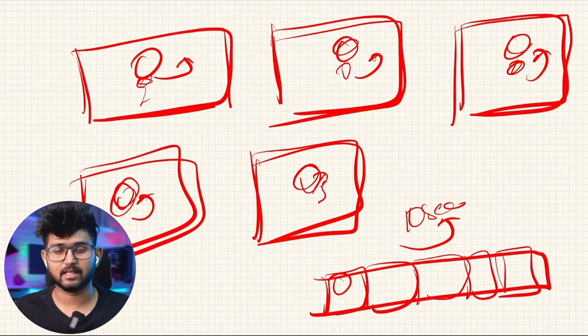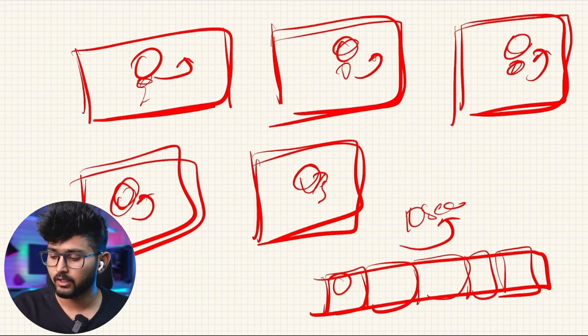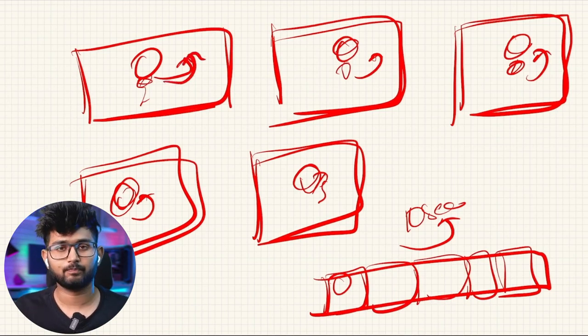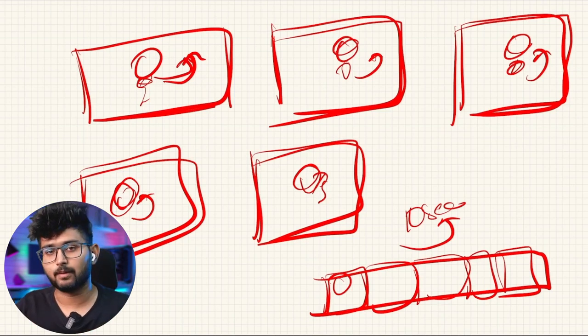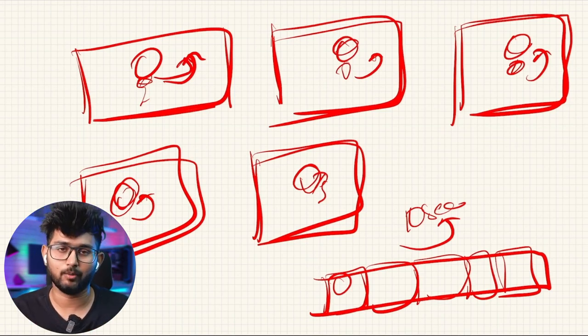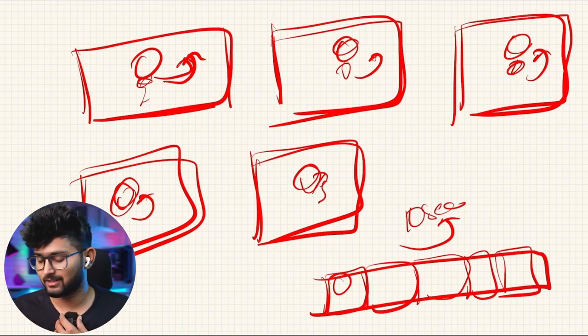So what is exactly matching here? You have the same person at different locations turning in the same direction, right? And this exactly gives rise to something called a match cut. We'll be talking about it. Match cut is one of the famous cuts, even my personal favorite of all the cuts. But yeah, let's talk about it.